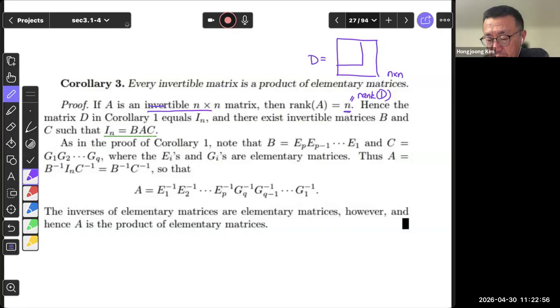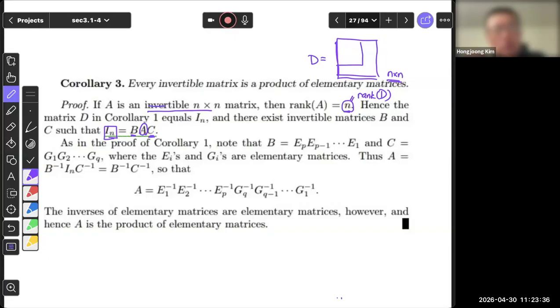Now, the size of this D is n by n, and the rank is n, so that means D is filled by I sub n. There is no 0, 1, 0, 2, 0, 3 in this case, right? So given A, when I perform elementary row operations and column operations, you get D, and this D must be an n by n identity matrix.